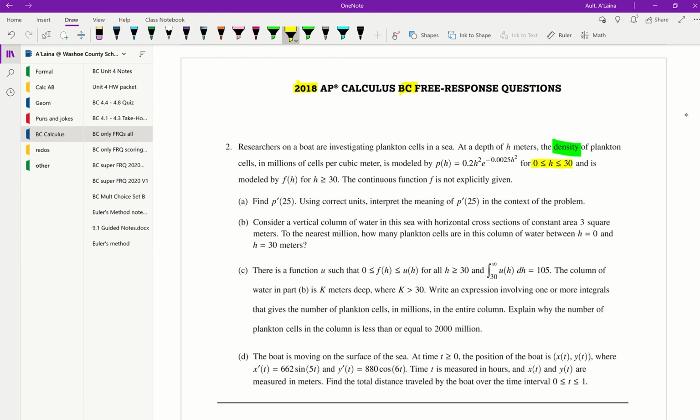There's a different function called F of H for heights greater than or equal to 30 meters. F is not given explicitly, so we don't know the equation for F.